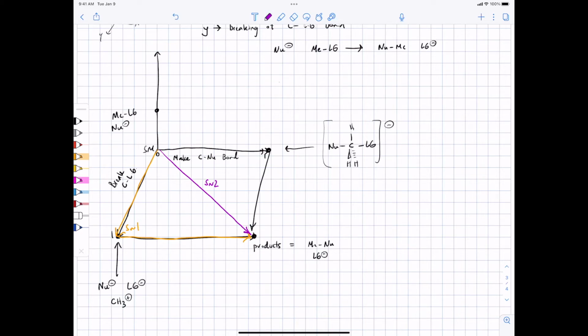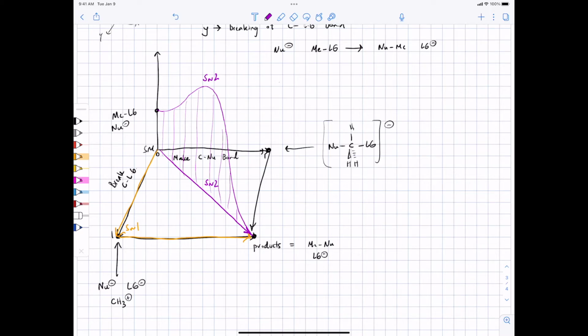We could draw a starting material, then some transition state, and then we go downhill in energy to products. You have to imagine this coming diagonally out at you. If we take only this slice, it looks like a reaction coordinate energy diagram for the SN2 reaction.